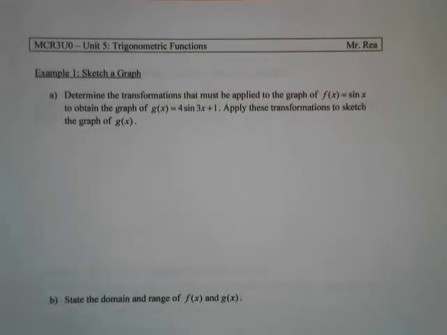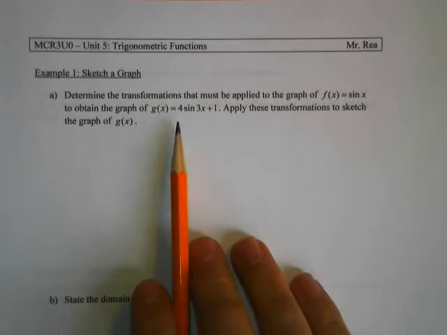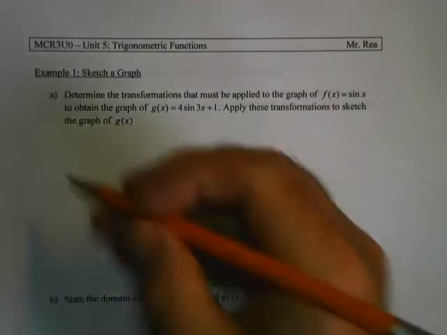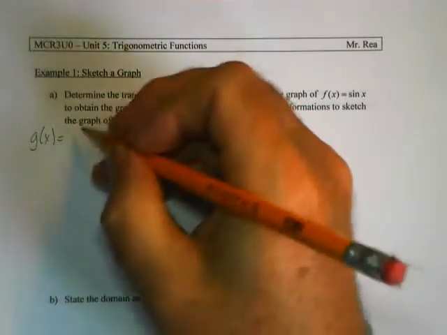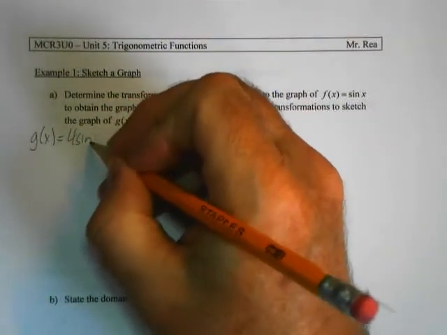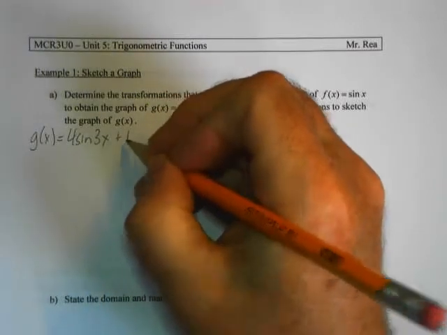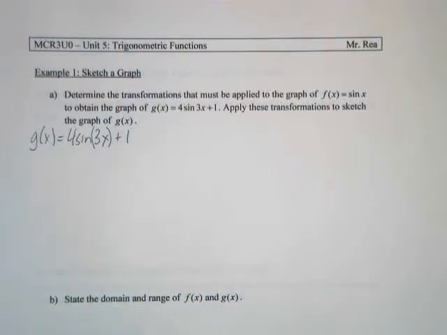Determine the transformations that must be applied to the graph of f of x equals sine x, to obtain the graph of g of x equals 4 sine 3x plus 1. Apply these transformations to sketch the graph of g of x. Okay, so we're starting with g of x equals 4 sine 3x plus 1. And just to make this crystal clear, I'm going to put brackets around the 3x.